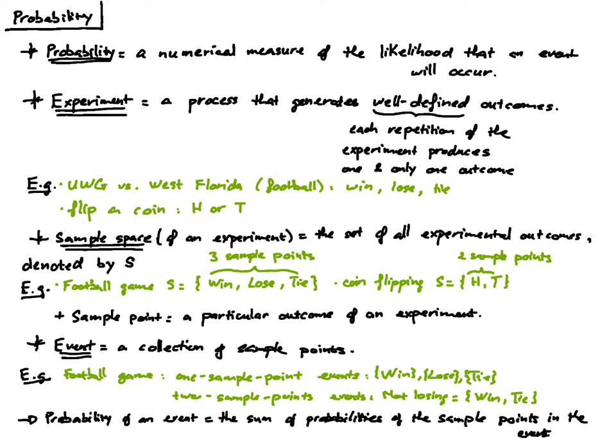Okay, for example, the probability of not losing would be equal to the probability of winning plus the probability of tying. So in this video, we define a bunch of things related to probability that we will see over and over again going forward.